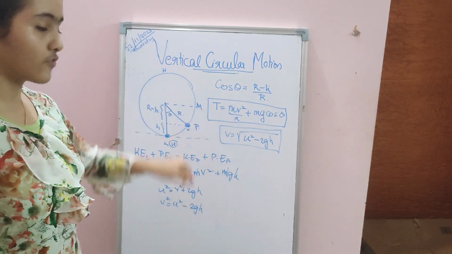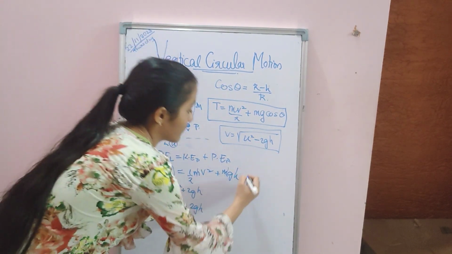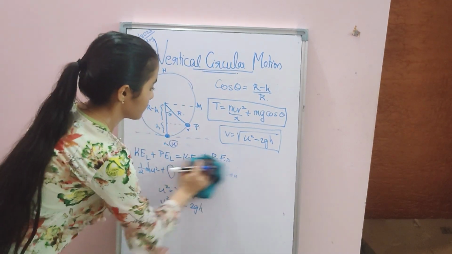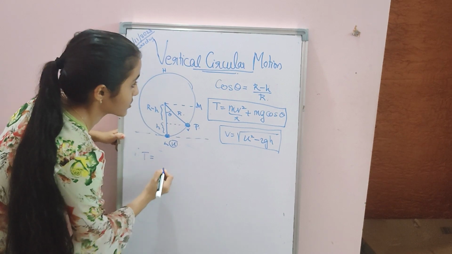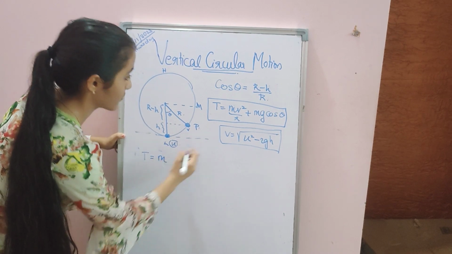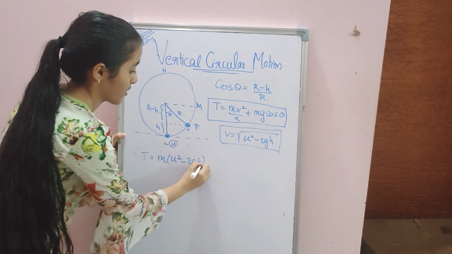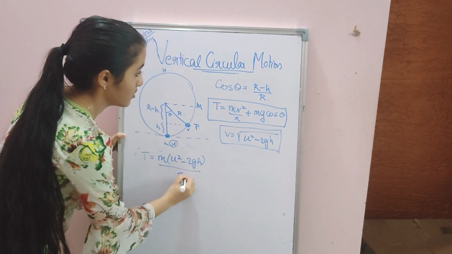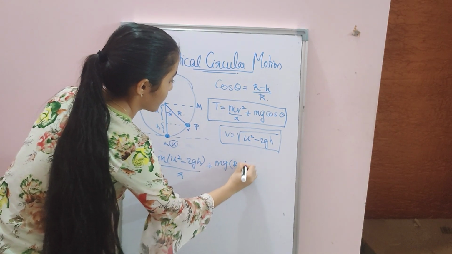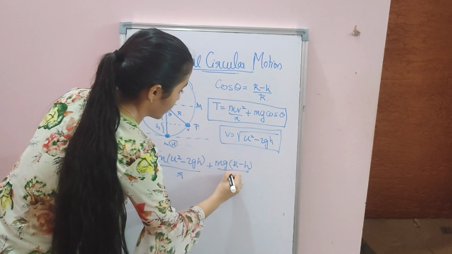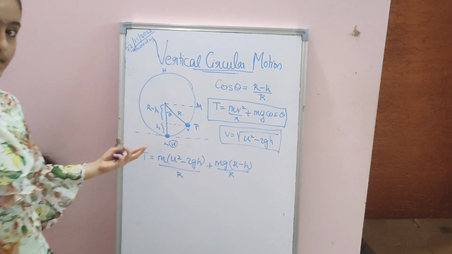Now in the equation of tension, we substitute the values of V and cos theta. We will get T is equal to m, V square is u square minus 2gh divided by r, plus mg cos theta, which is r minus h divided by r. So we can take this as capital R, because that's the radius, right?